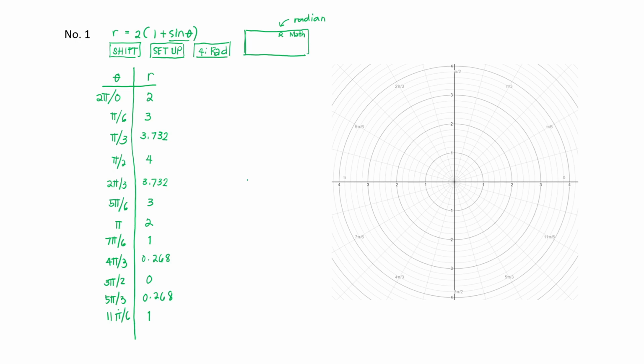So it's a bit long if you're going to plug it into the calculator one by one, right? Plugging in first 2 pi or 0 and then pi over 6, it will take you a long time to determine the different values of r.